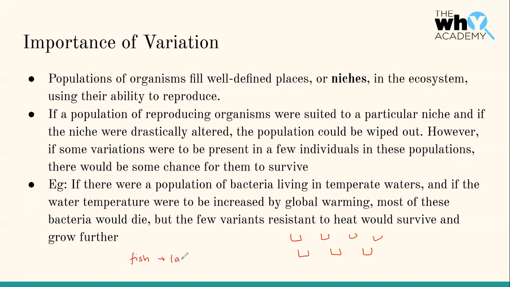Fish to, let's say, large fish, to some animal, to human finally. So this is our food chain, right? Here they occupy a specific level in the food chain, all these organisms. Similarly, when you talk about ecosystem in general, there are these places, called niches, where each organism has a specific location of its own. That's what a niche is.